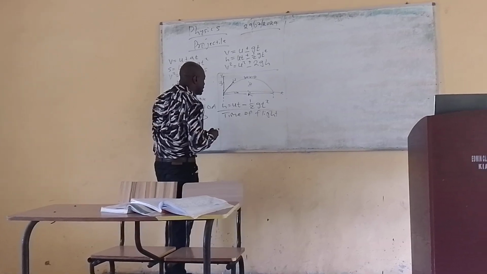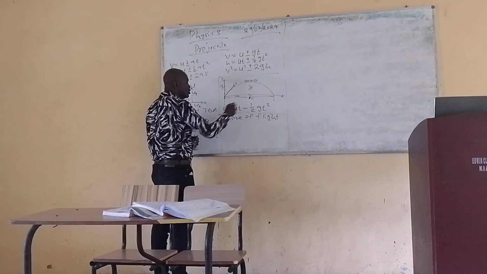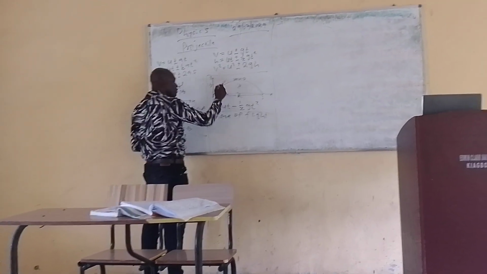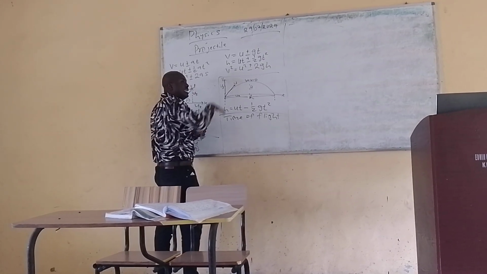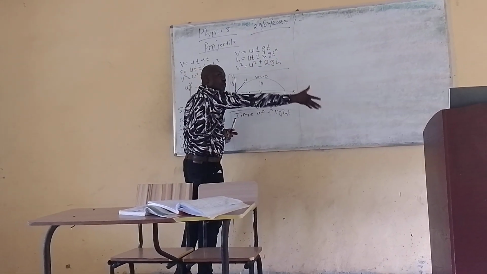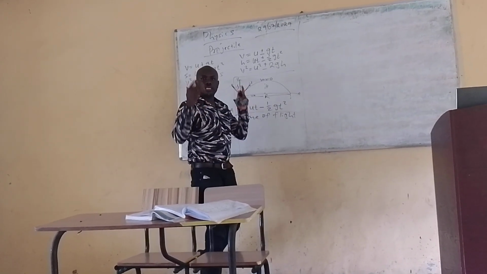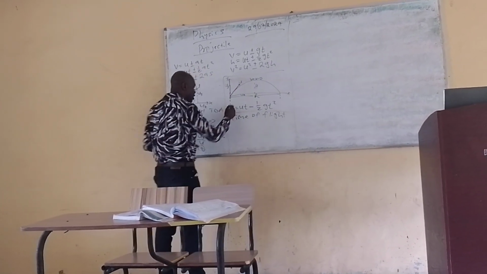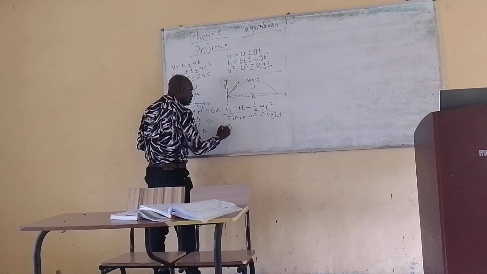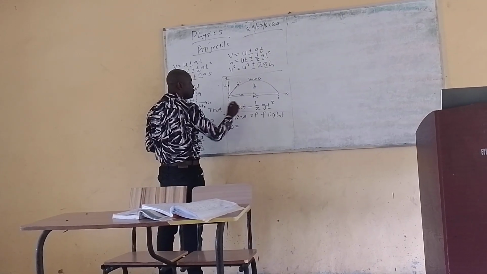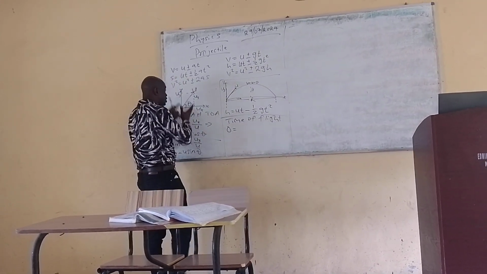And in finding the time of flight, we use this equation. In using this equation, in time of flight, because it has landed, the time it takes to return back to the horizontal plane, at that point, the height becomes 0. So we are going to call this 0. Then this u, we are going to resolve it according to our resolution of vector.